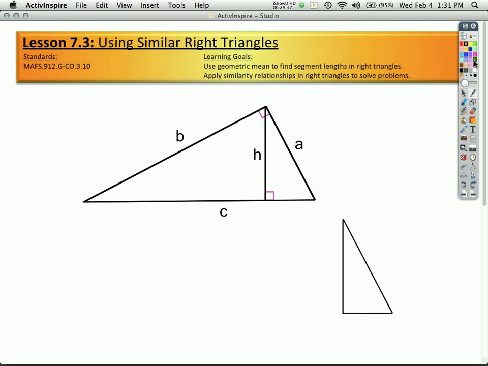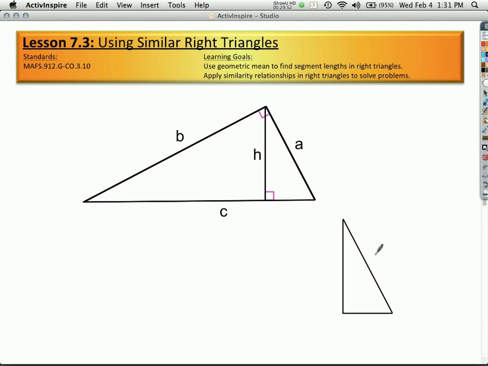So what is the length of this side right here? Jabari? That's A. But now tell me, which side of the triangle is that? Brandon? That's the hypotenuse of the small triangle.